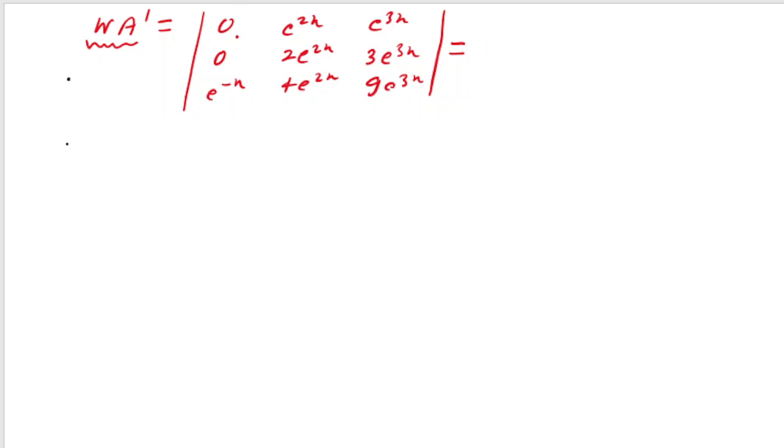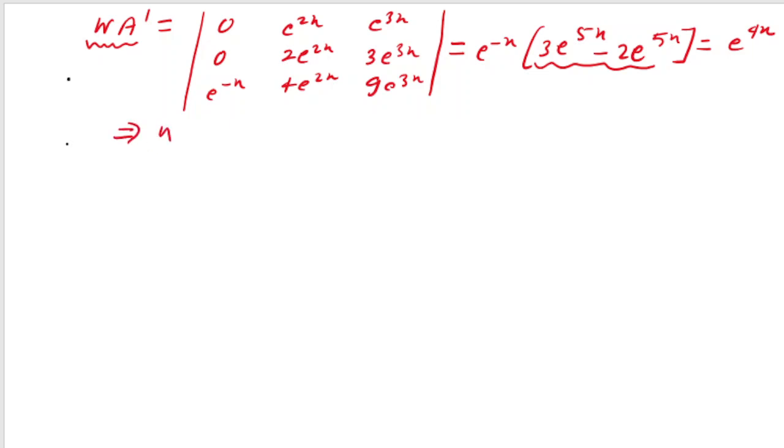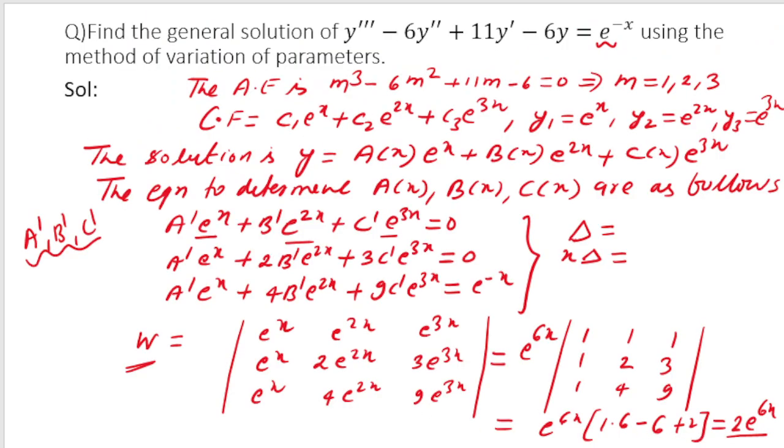So 0, 0 and then e to the power minus x; this column gone, this row gone, so I will get 3 e to the power 5x minus 2 e to the power 5x. So it is e to the power 5x into e to the power minus x, which gives e to the power 4x. So this implies W a dash is equal to e to the power 4x. And what I got as W is 2 e to the power 6x.